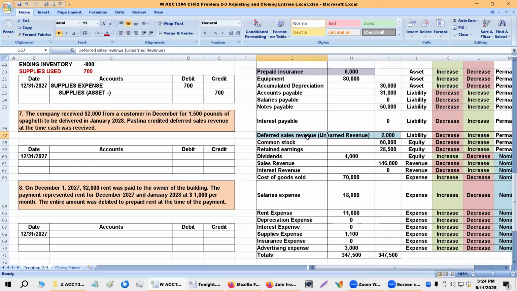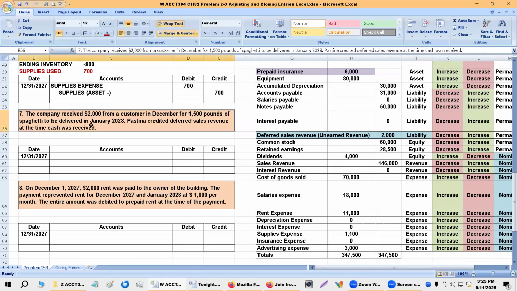And notice, if you don't give them the spaghetti, you've got to pay them back the $2,000. So this is an unearned revenue. This is a liability, and it's a liability because we have to do something, or else we owe them this money back. And we haven't given them anything yet, so we haven't earned any of it.